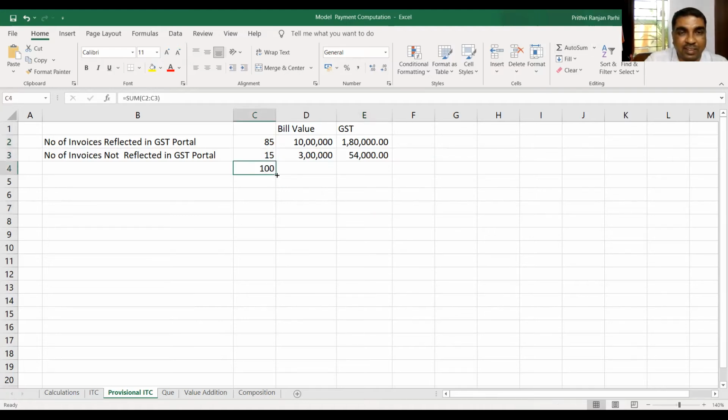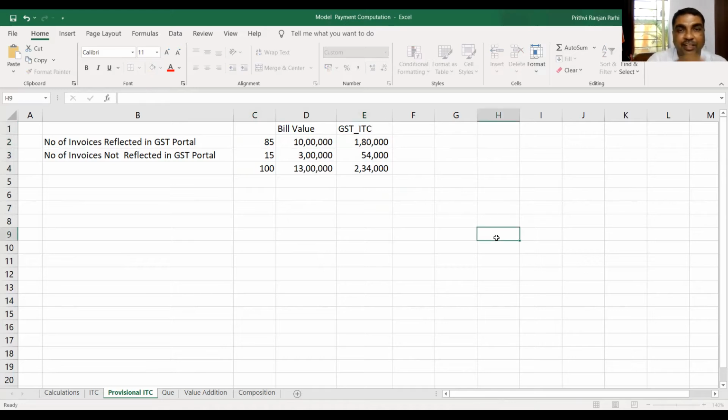Bill value was 13 lakh. And GST means your ITC. ITC was this much. Are you getting up to this? Is it clear?